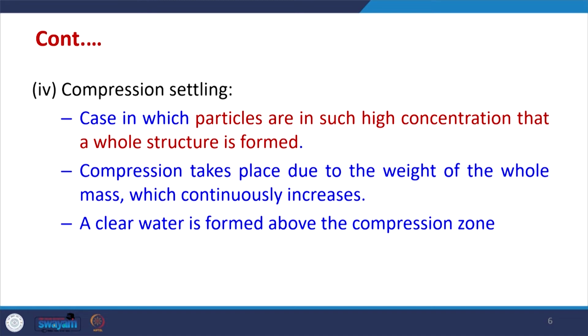Clear water will be formed above the compression zone. So, these are the 4 different zones of settling, and it is possible to observe all these 4 zones within a settling tank also. Now, what we will do is try to understand each of these 4 cases in further detail.